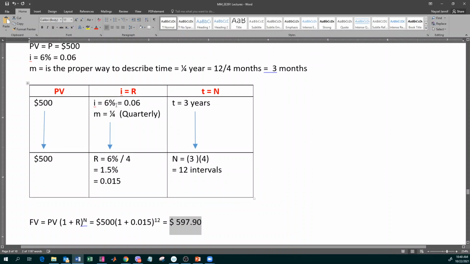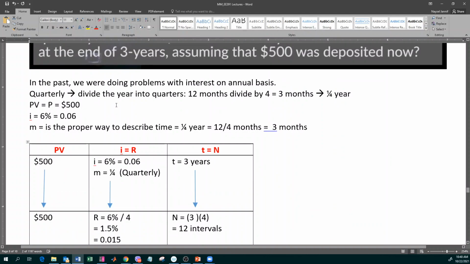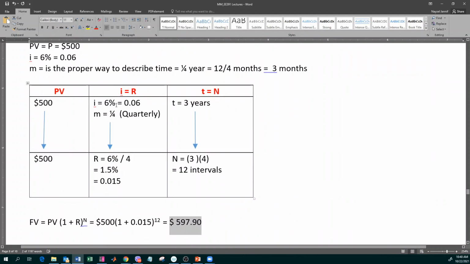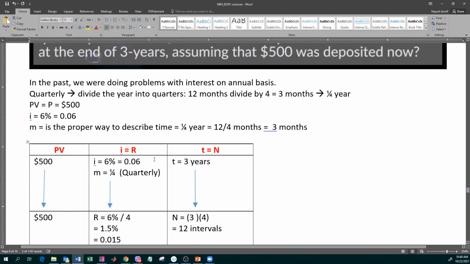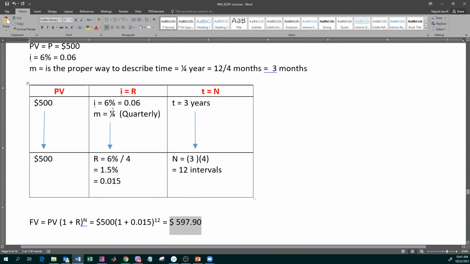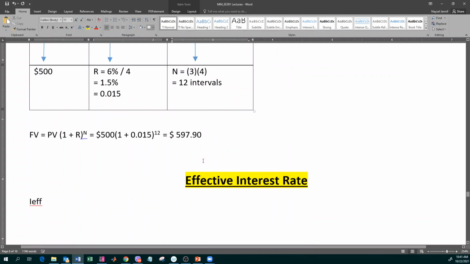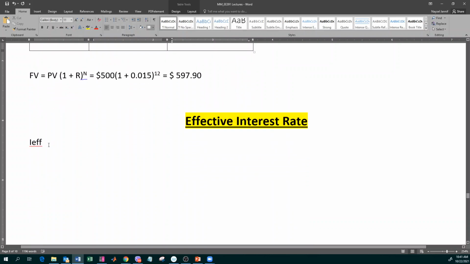It's always annual. But it was paid out on a quarterly basis. So that's the difference over here. Even though the rate is given as an annual interest rate, the payout period was quarterly. So we had to cut that interest rate into 4 pieces, 1.5% each, and then do this. So we end up with this formula.